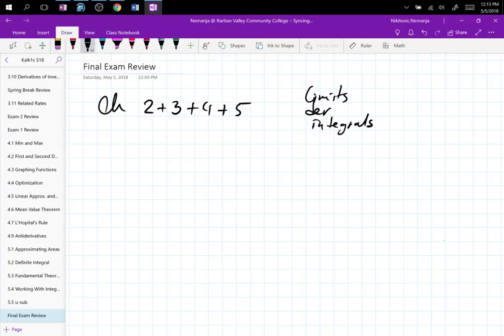Now, what I have is the list of the most important things that are definitely going to be there, 100%, no question asked, right? 2.3, 2.4, 2.5.